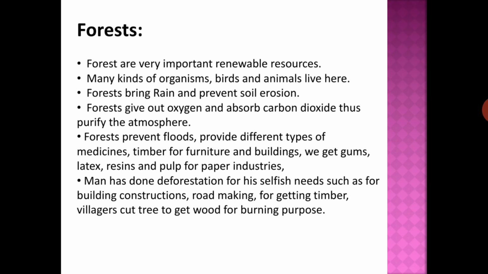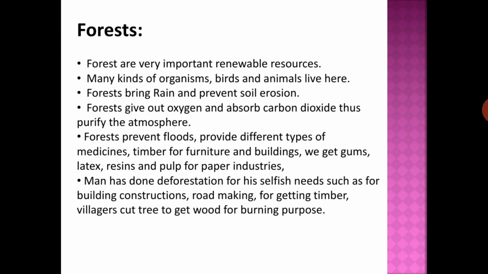Forests bring rain and prevent soil erosion. We already studied what soil erosion is. So if you have more trees, then you get more water, right? You studied this in the water cycle.